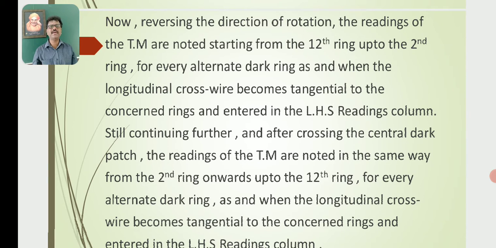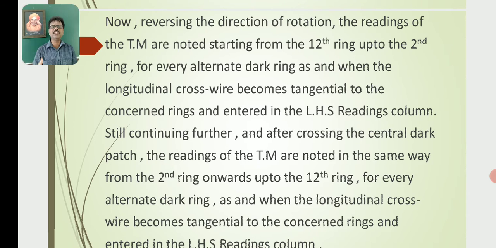Now reversing the direction of rotation, the readings of the traveling microscope are noted starting from the 12th ring up to the second ring, for every alternating dark ring, when the longitudinal crosswire becomes tangential to the concerned rings, and entered in the LHS reading column.